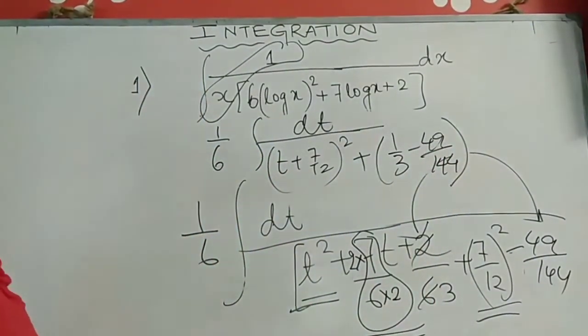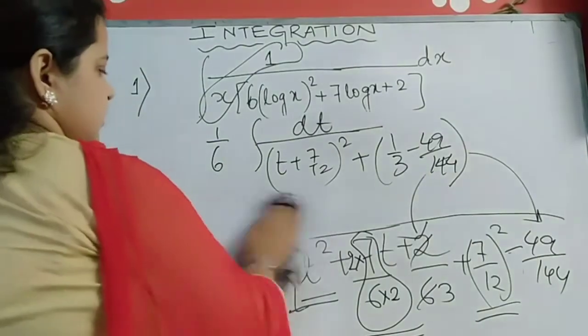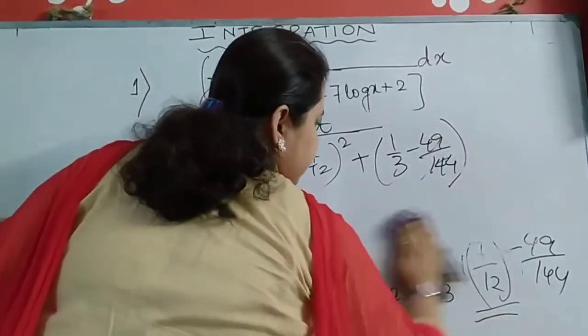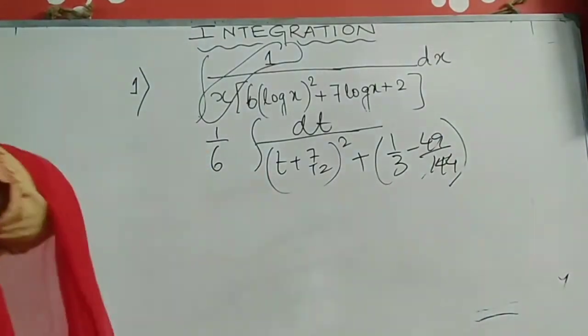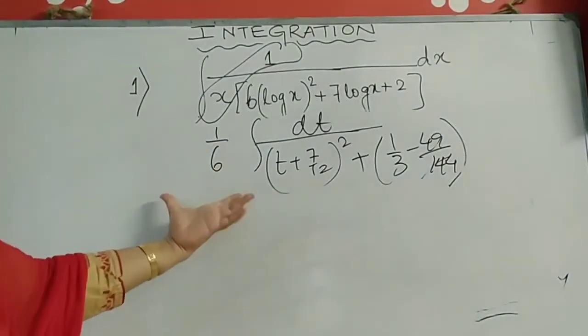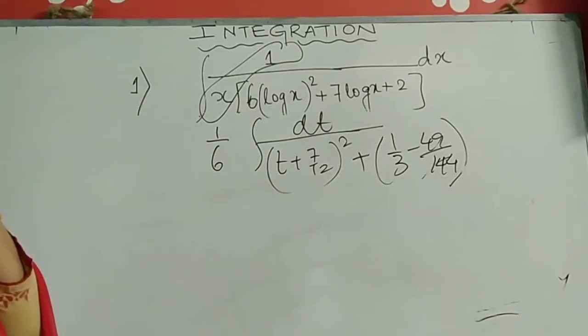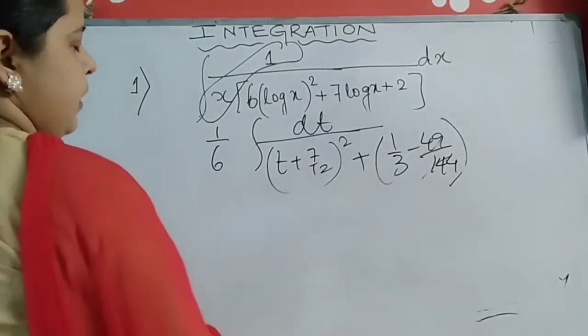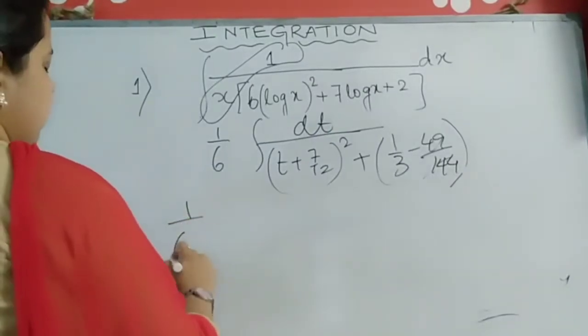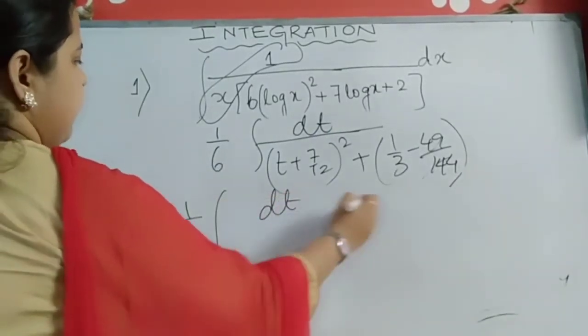Fine. Now let me erase this one particular part. Now I am very much interested in the new thing which I received just now. Here it is giving you 147 and this is 1 cancelling down to 1 by 6 dt by.